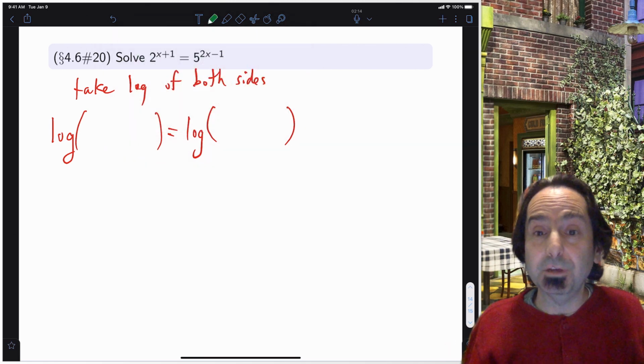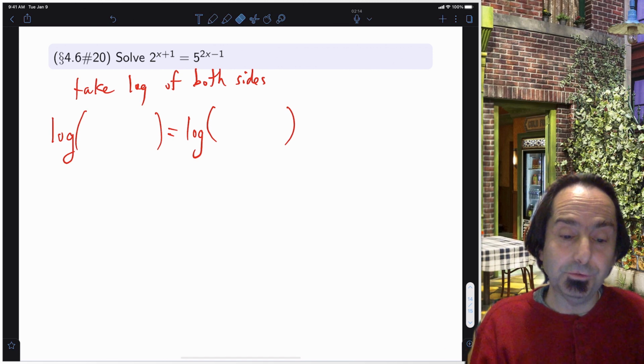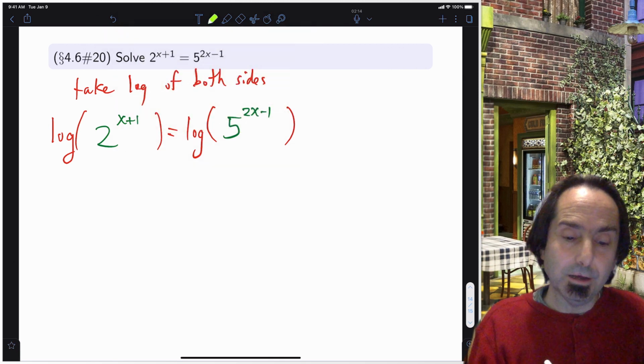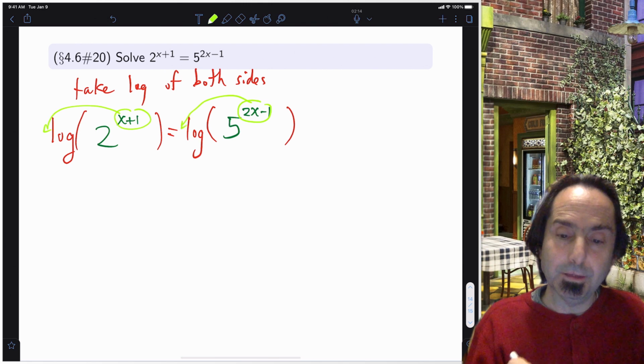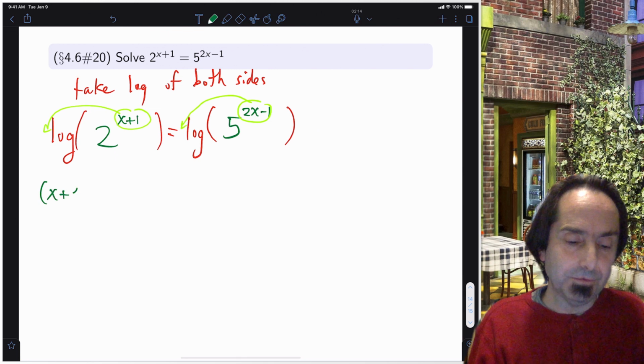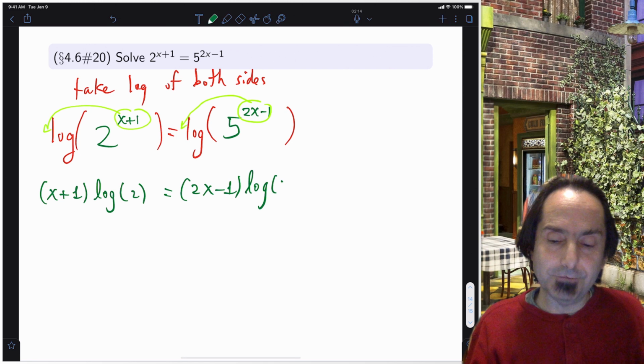Why not the common log or the natural log, because those are on the calculator. So this is 2 to the x plus 1 and 5 to the 2x minus 1. And notice that we have exponents. The exponents are going to pop out in front. And I wish I could animate that. Wouldn't that be cool? So we have x plus 1 log of 2 equals 2x minus 1 log of 5.